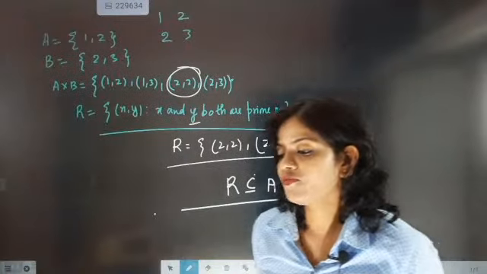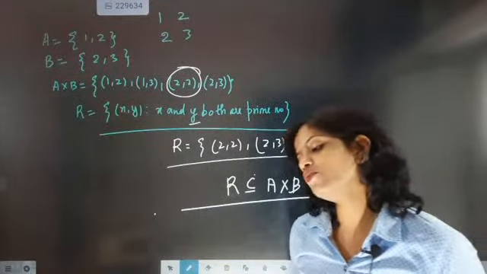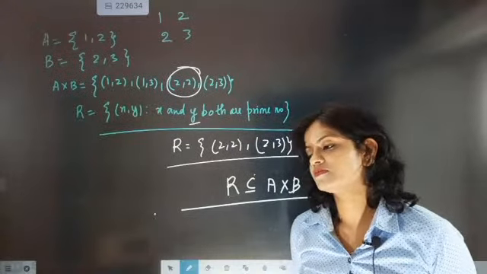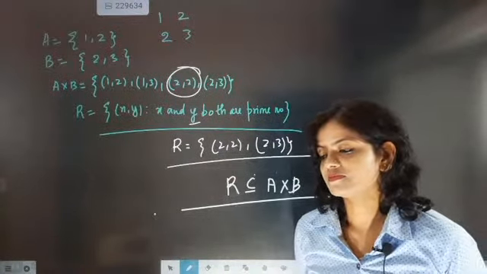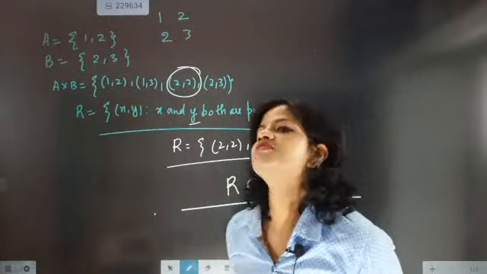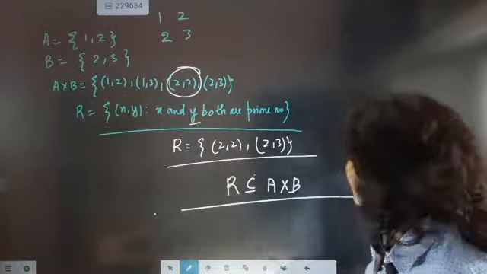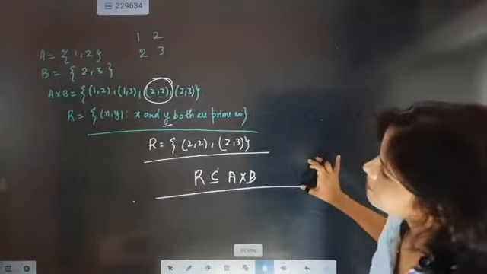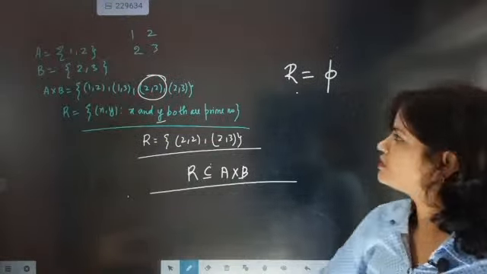Think about it. One relation is where there is no existence of relation, meaning nothing, the empty set. So one of the relations will be the empty set. Gone, dead. This is the empty relation.